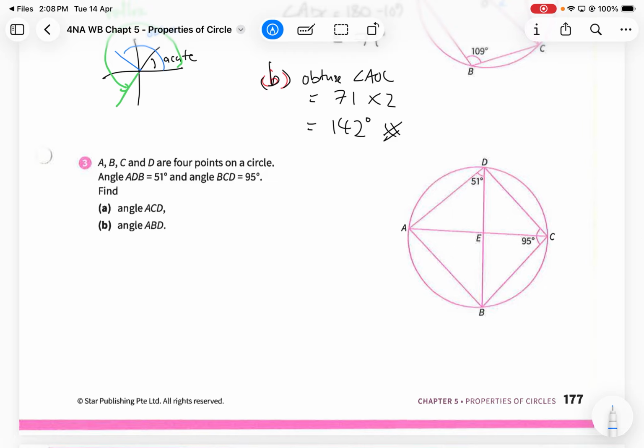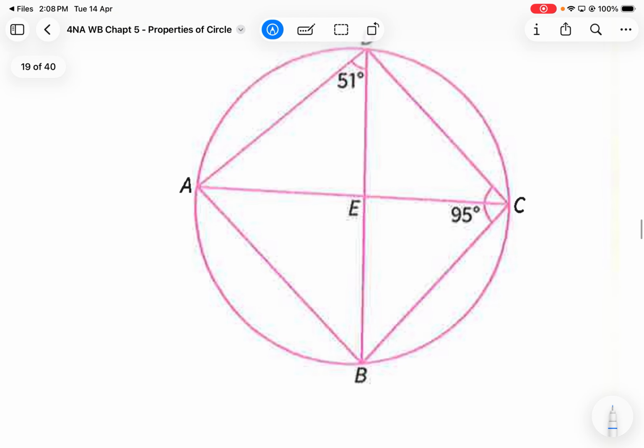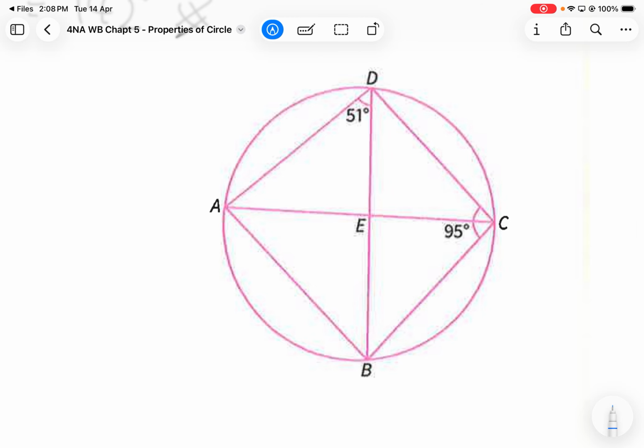No, they never say E is the center. 95. So this angle is 85. Triangle. Then I can find this angle. I also don't know, now I am also trying. 130, 136, 44.